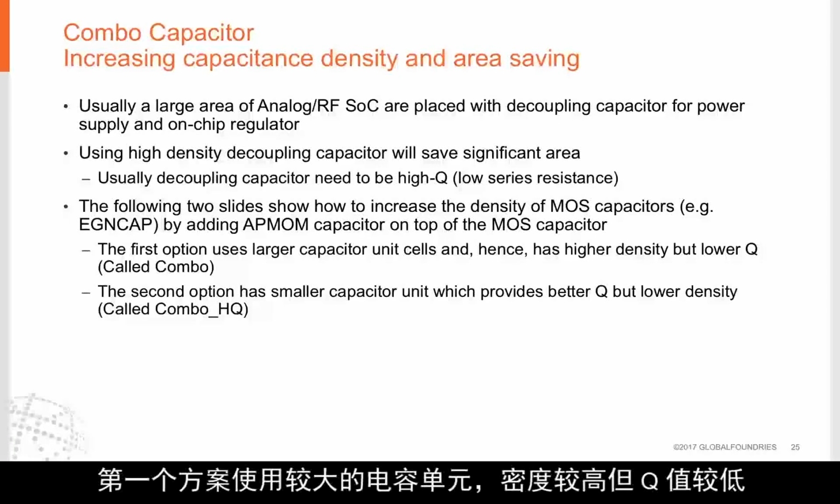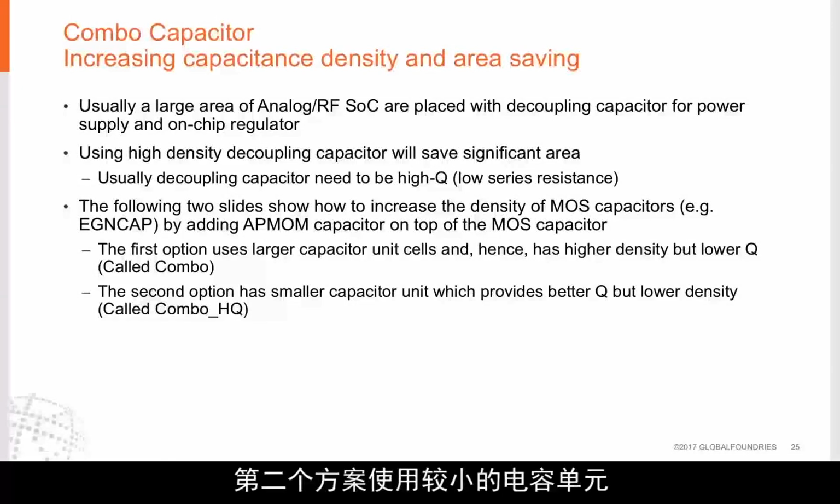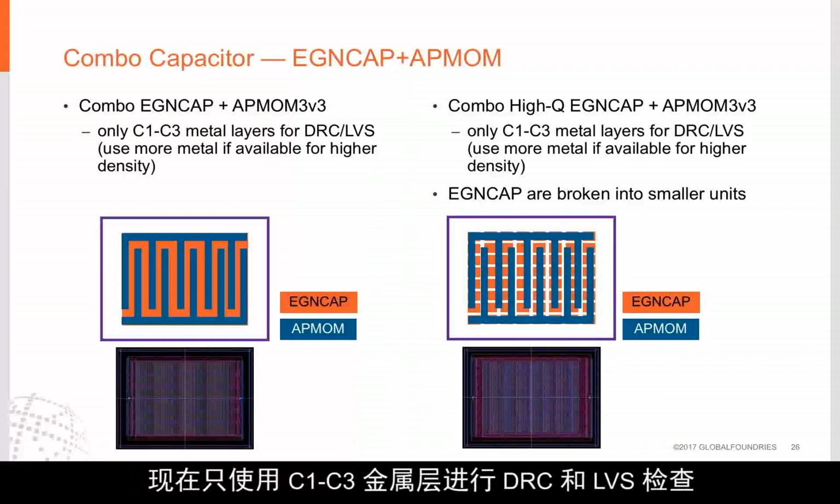The first option uses larger capacitor unit cells and has a higher density but lower Q. The second option has smaller capacitor units which provide better Q but lower density. So here's the first example where we've combined an EGN cap with an AP-MOM 3.3 volt. Now only C1 through C3 metal layers for DRC and LVS are used.